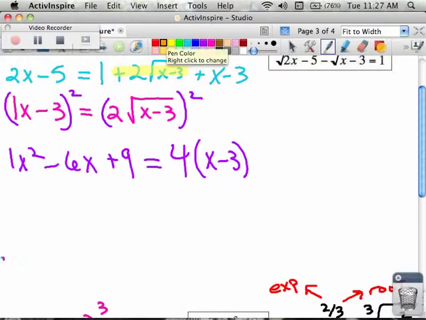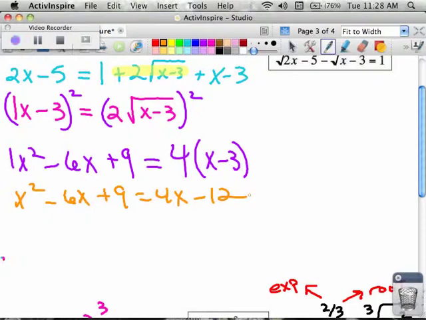I'm just going to simplify the right-hand side a little bit here, so I got x squared, I'm leaving off the 1, minus 6x plus 9 equals 4x minus 12 when I distribute the 4. Because remember, the 4 is affecting the whole radical, which when it got squared was x and the minus 3, both.